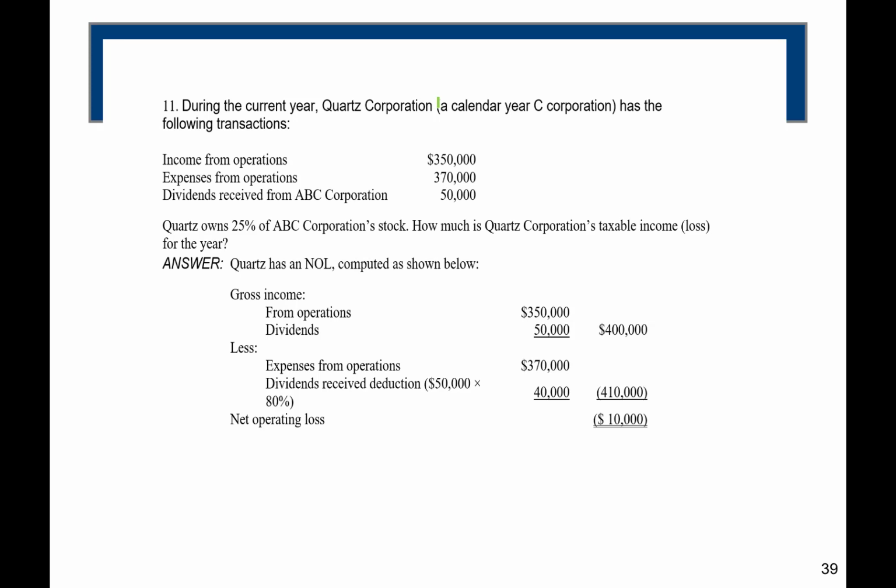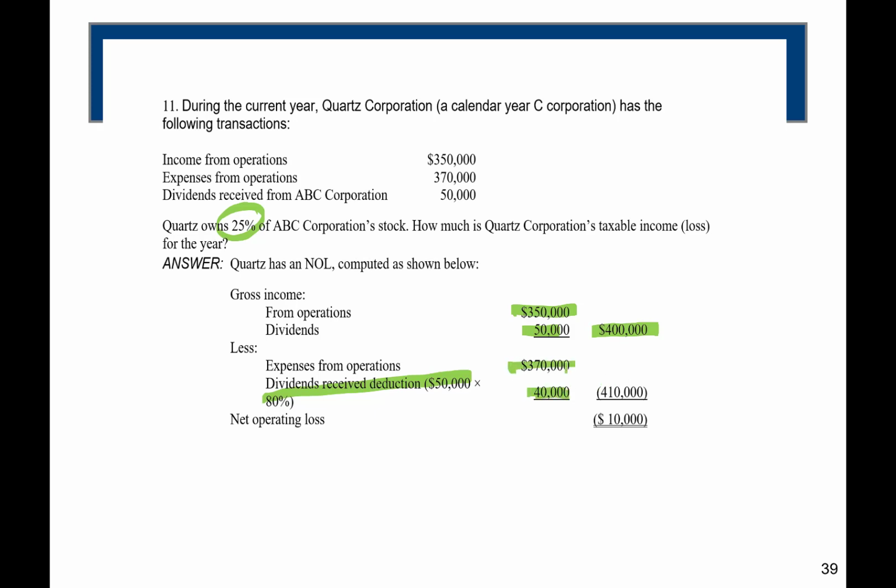And we have operating income here of $350. We have to bring in the dividend income for that, but then we get to back out, and in this case, since they are 25%, they're over that 15% threshold, they use the 80% factor. And so they get to deduct $40,000.